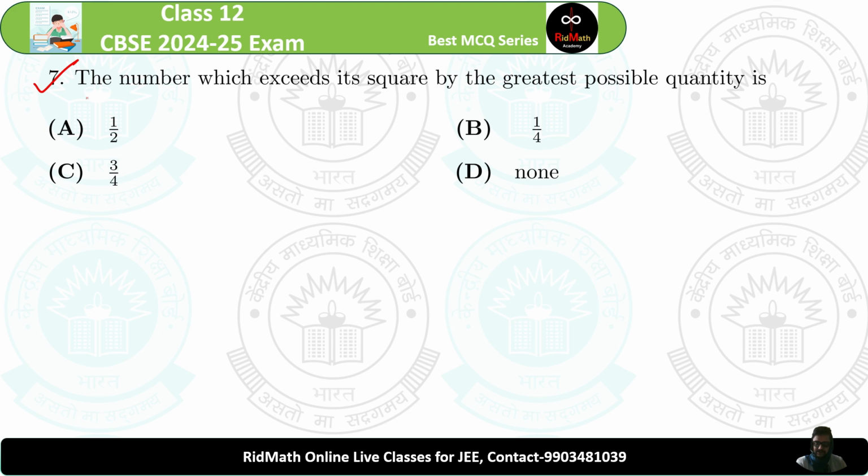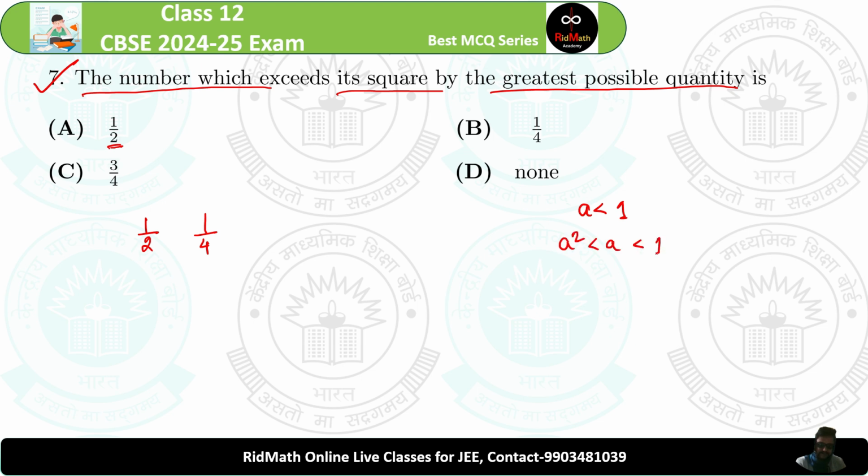Question number 7. It is saying the number which exceeds its square by the greatest possible quantity. What this question is trying to say is, suppose this is a number 1 by 2, and its square is 1 by 4, and all of these numbers are less than 1, that means a is less than 1, therefore a square is less than a.